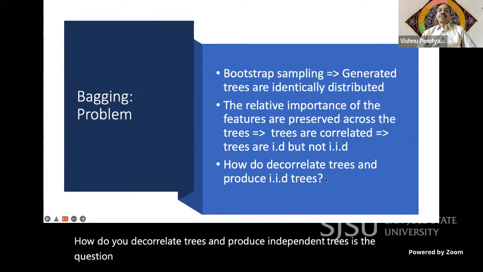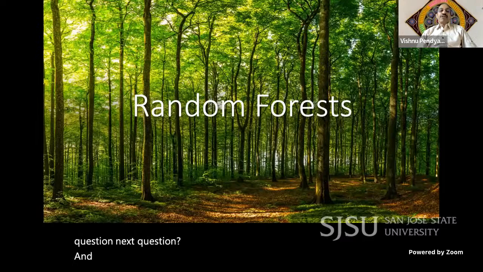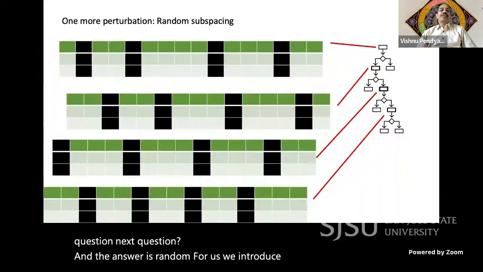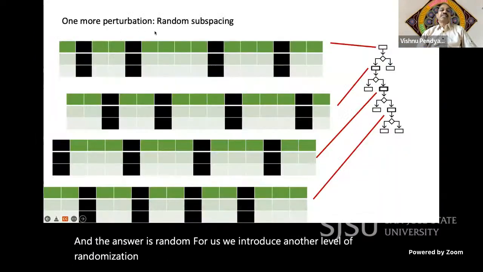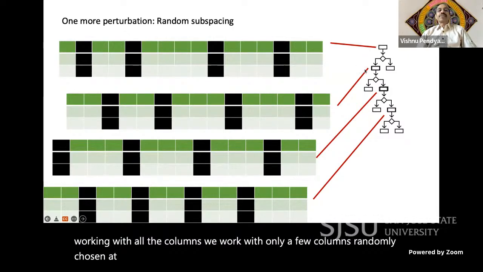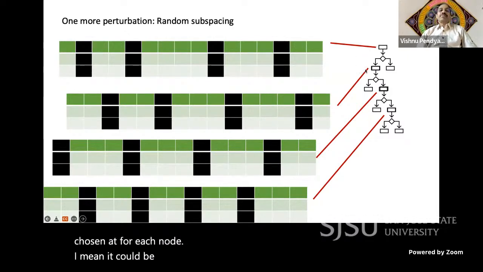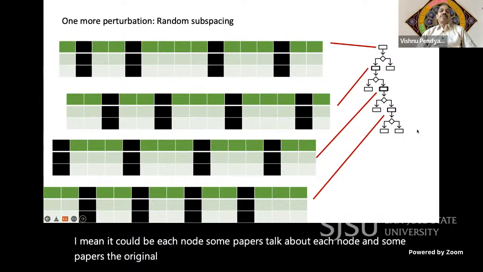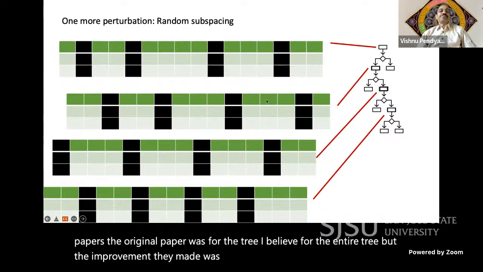Next question. And the answer is random forests. We introduce another level of randomization, another perturbation, random subspacing. So instead of working with all the columns, we work with only a few columns randomly chosen for each node. I mean, it could be each node. Some papers talk about each node, and in the original paper, I believe, it was for the entire tree, but the improvement they made was for doing this for each node.